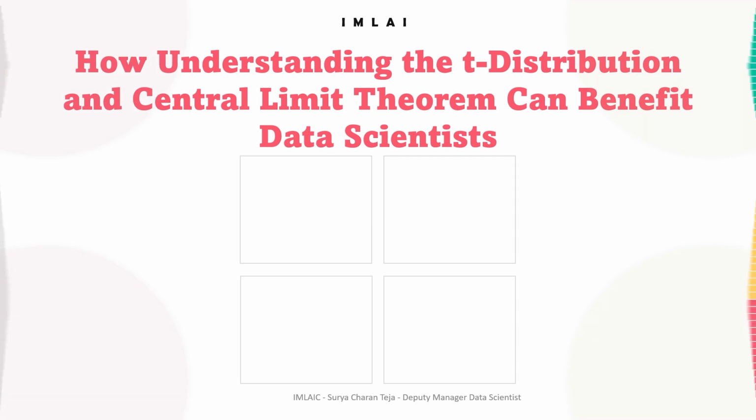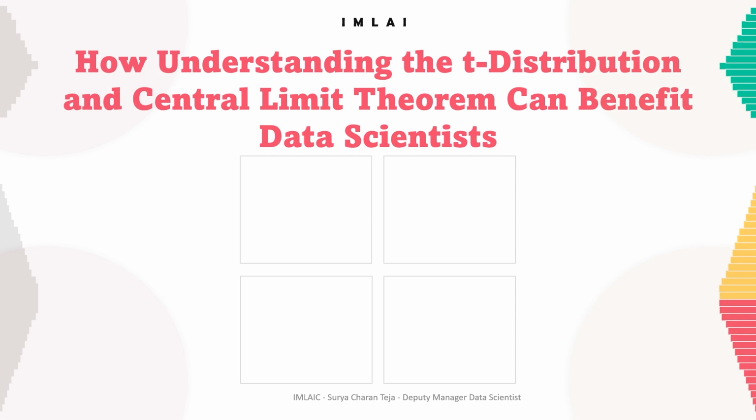Okay. So, as a data scientist, it's also important to understand the t distribution and the central limit theorem, as they are fundamental concepts in statistical inference and hypothesis testing. So, the t distribution is a probability distribution that is used when the sample size is small or when the population standard deviation is unknown. These are the two conditions.